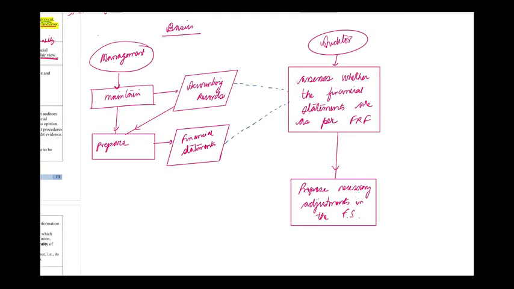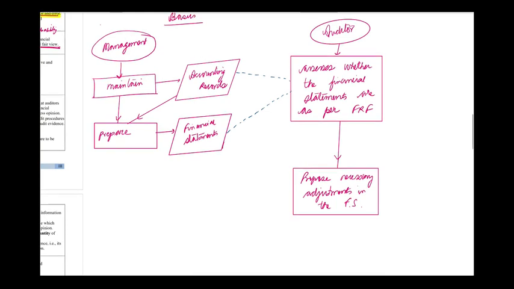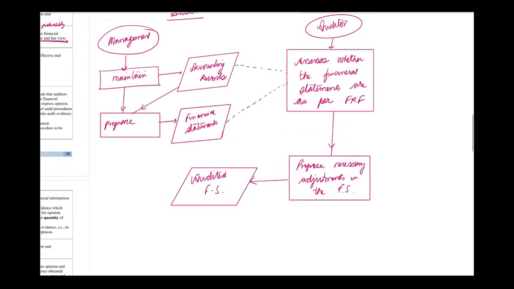Once the necessary adjustments are made, a fresh financial statement will be made, or the necessary corrections will be made. We are going to call it the audited financial statement. But this is just the corrected financial statements.